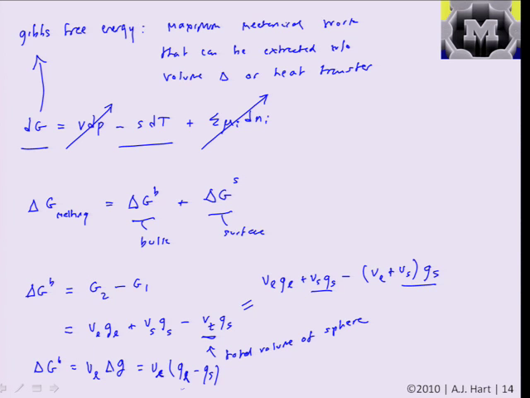And to define what delta G is, we're going to go back to our definition of the Gibbs free energy and relate it to the entropy and to the temperature.